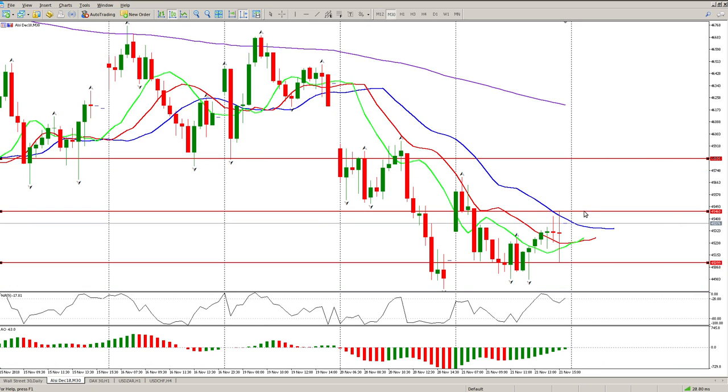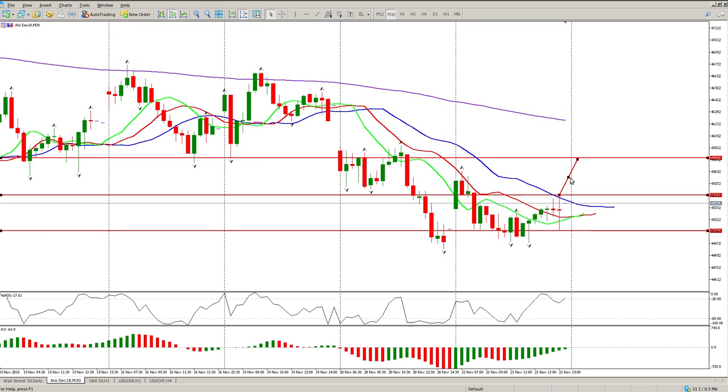Okay, so yeah, just watch this closing range, this last hour of trading. So if we get above it, I'll give you a target that I would go for. If you break above it, you can expect a revisit up to 49,830, 49,800 would be my target area.